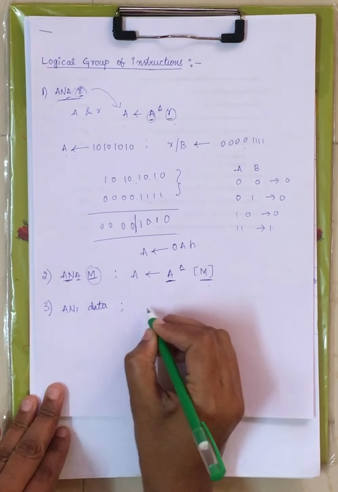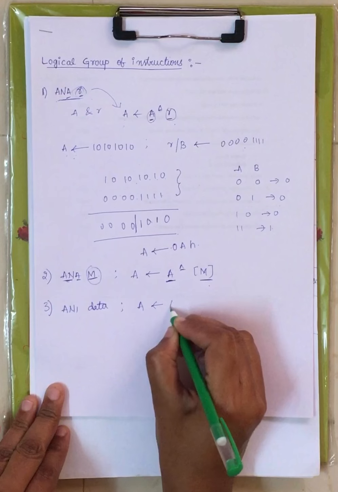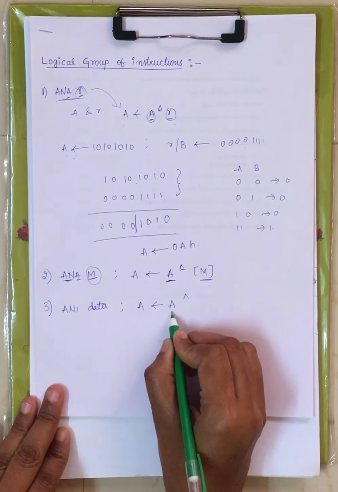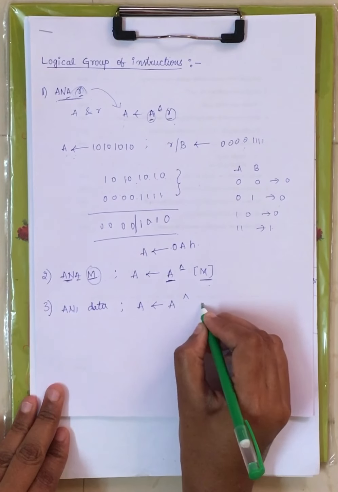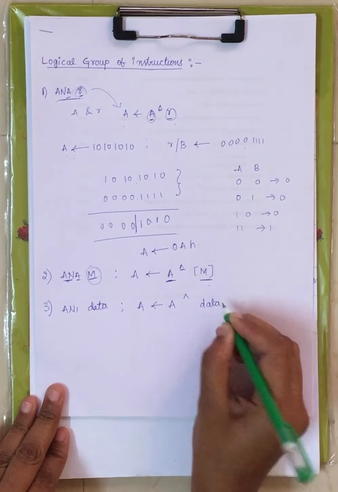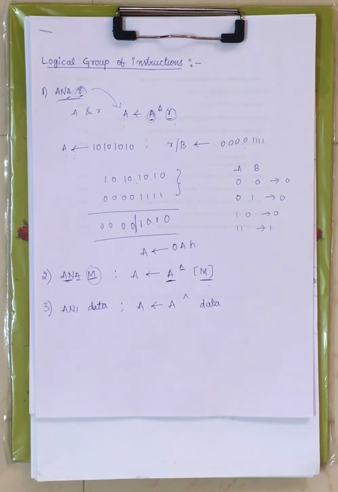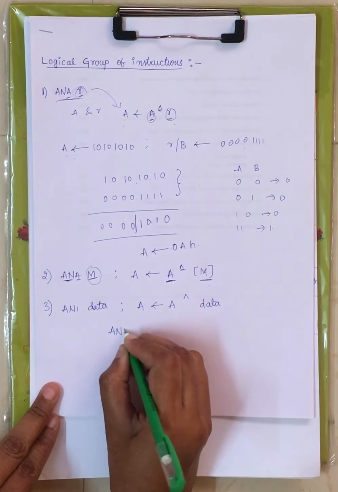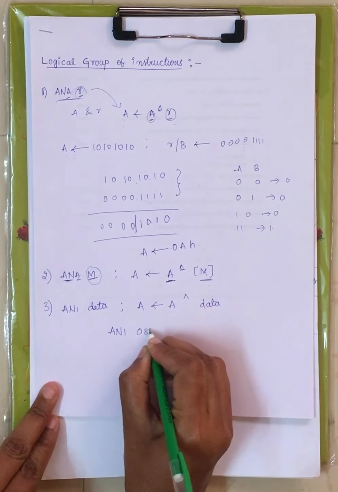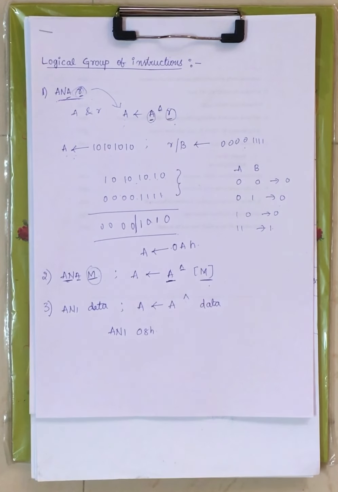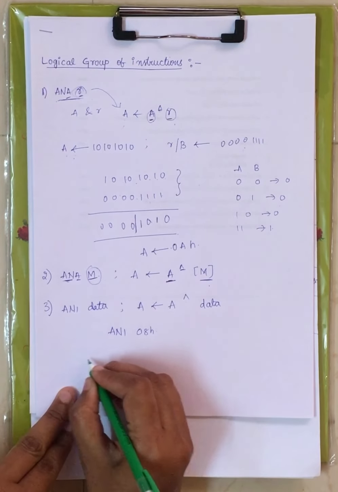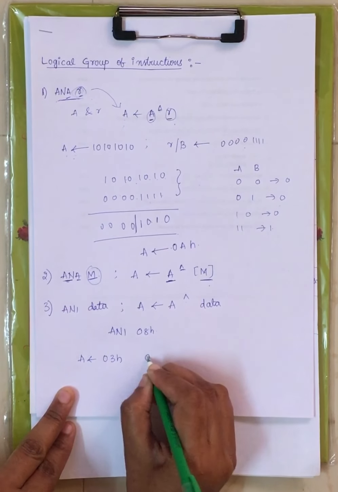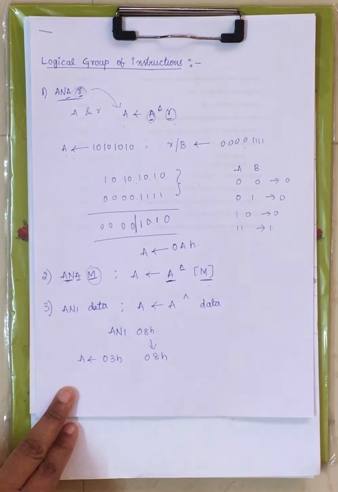This instruction ANI data performs the logical AND operation between the contents of the accumulator and the data that is directly specified within the instruction. I can give an example, ANI 08H. The accumulator is storing some data, 03H, and the immediate data is specified within the instruction.